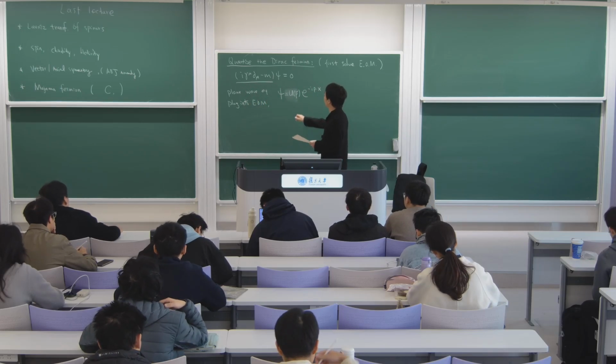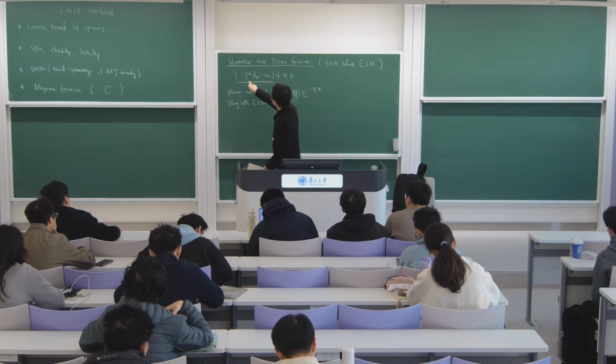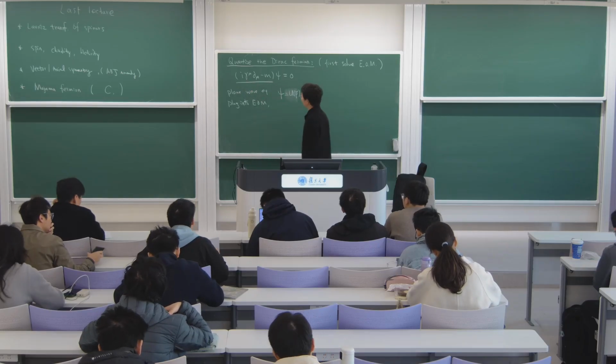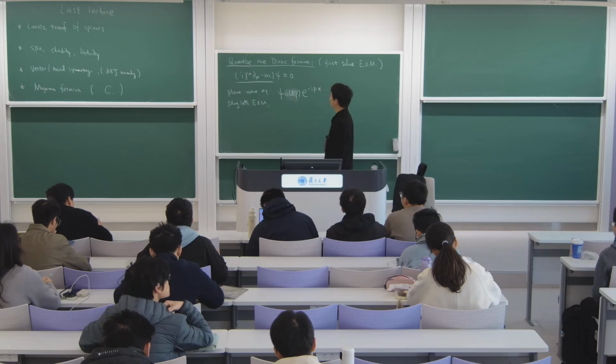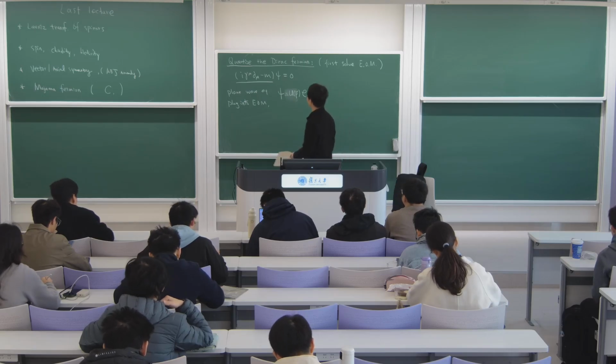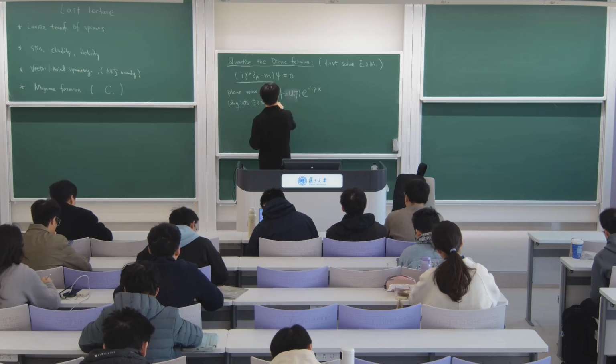We also mentioned there are different bases to represent the gamma matrix. So here, let's choose the Weyl basis, for example.